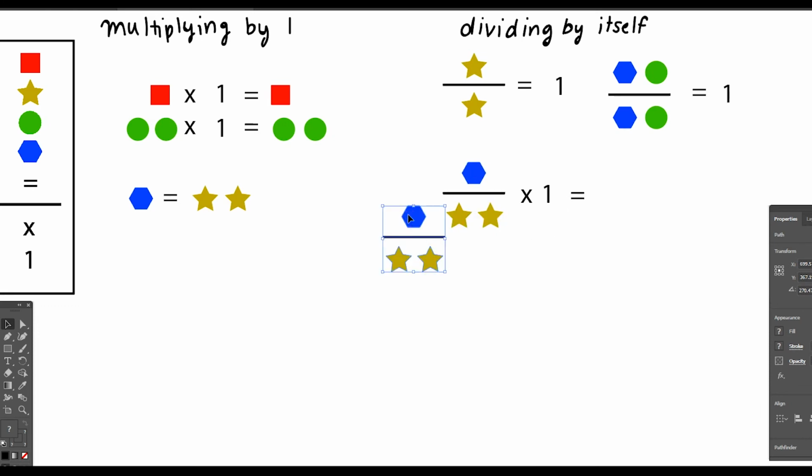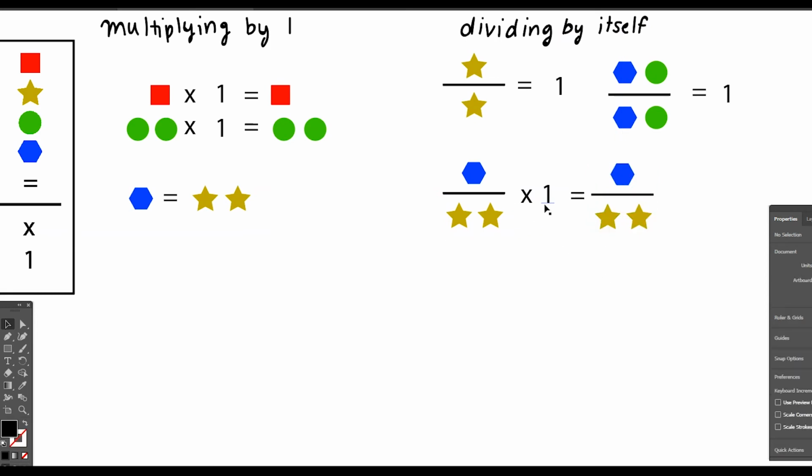That's the rule. When you multiply something by 1, it's just equal to itself. But the other thing that we know is I can take something, divide it by itself, and that equals 1, right? And here I've just told you that this blue hexagon equals these 2 gold stars, right?